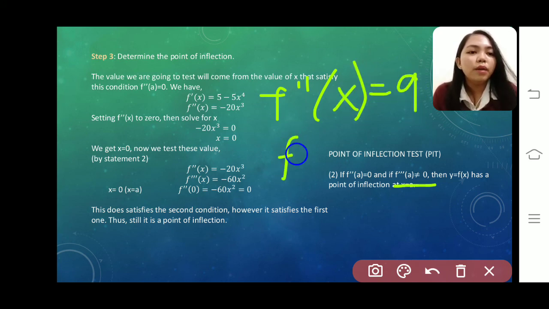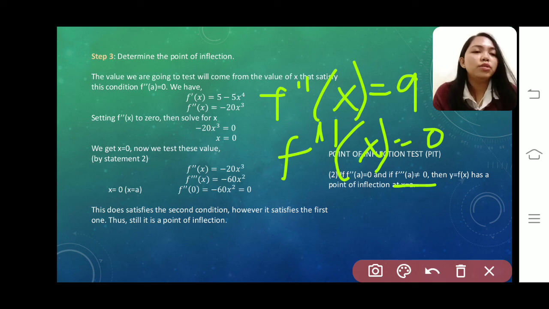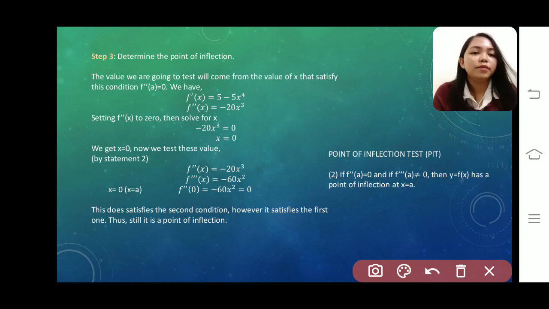So, kapag kinuha mo yung third derivative nito, automatically 0 na 'to, kasi kahit wala ka nang i-substitute na value, 0, automatically 0 na. Siguro sa ganitong situation, yung ibig sabihin wala siyang point of inflection. So, however, dito sa condition na to, although hindi niya sinatisfy yung second condition, nasatisfy naman niya yung first condition, considered pa rin siya as a point of inflection.